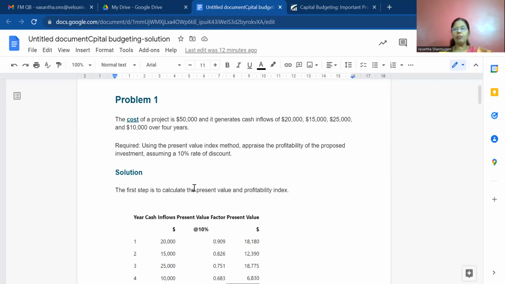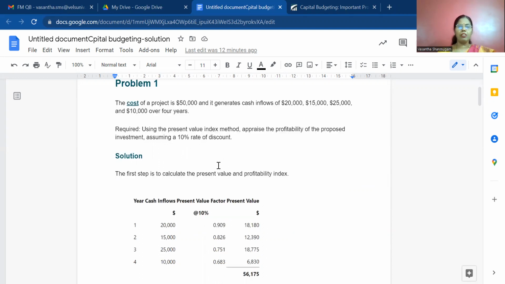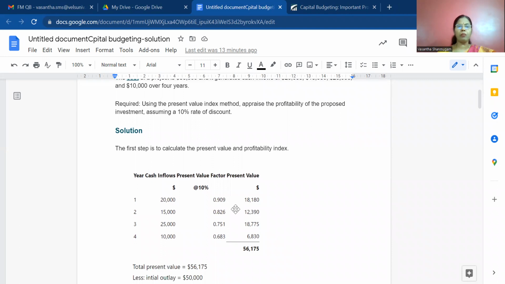Another important piece of information given is a 10% rate of discount. It is nothing but the 10% cost of capital. The firm has to discount the rupee at the 10% cost of capital. So we have to find out from the annuity table the value of the money at 10% cost of capital.